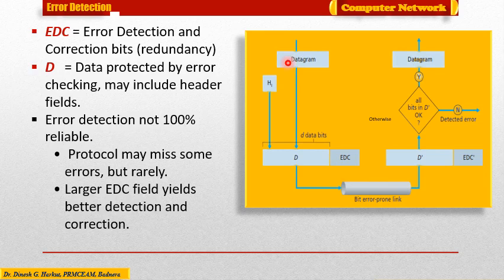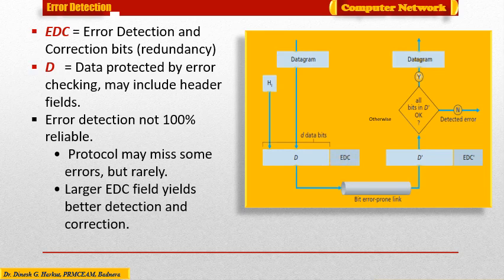Here at the sending side, data D to be protected against bit errors is augmented with error detection and correction bits. This is the original data, which is augmented with error detection and correction bits, typically denoted by EDC.